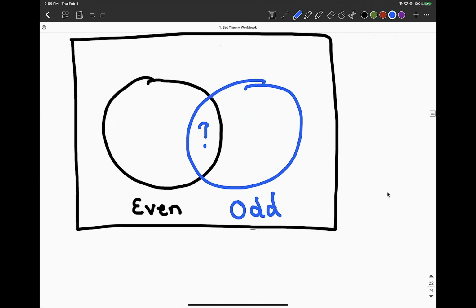Is it a waste of space? Is there a single number you could think that's both even and odd? And that's a tough ask. In fact, if you were to accidentally create space for something that does not exist, we're not really going to say that this is a wise way of using your diagram.